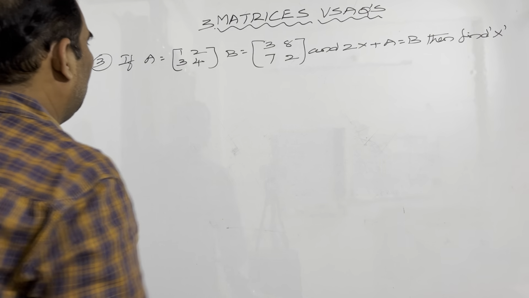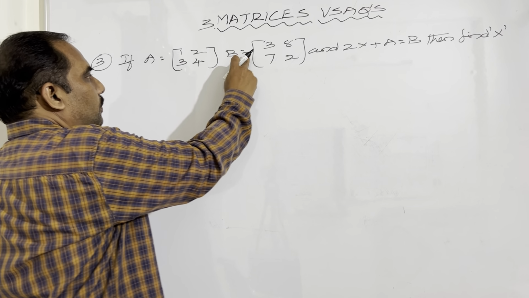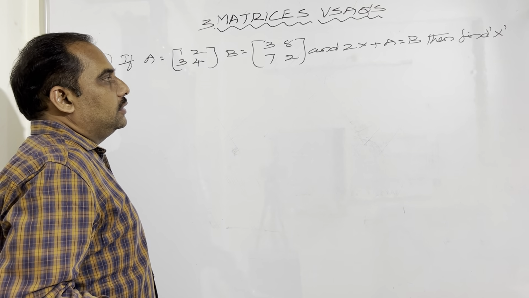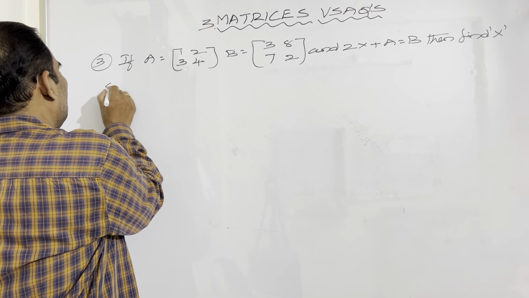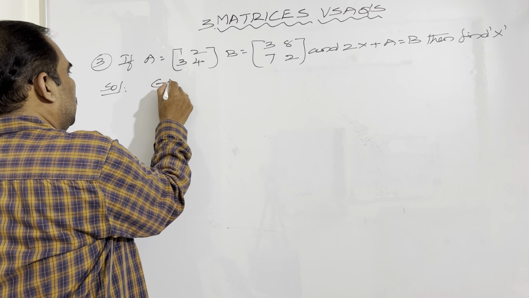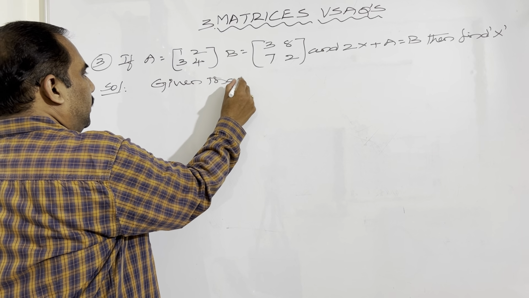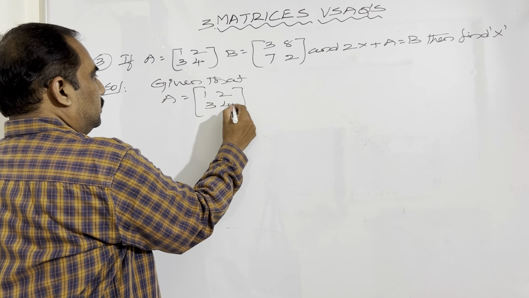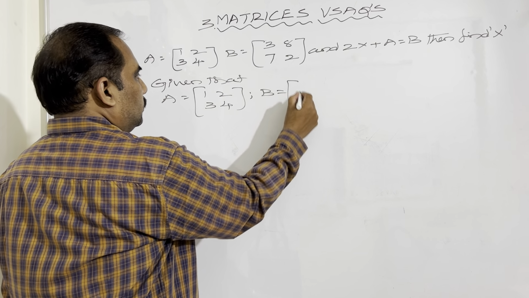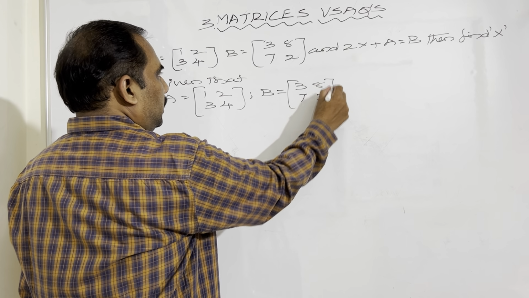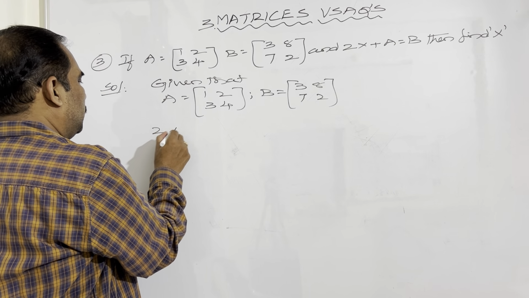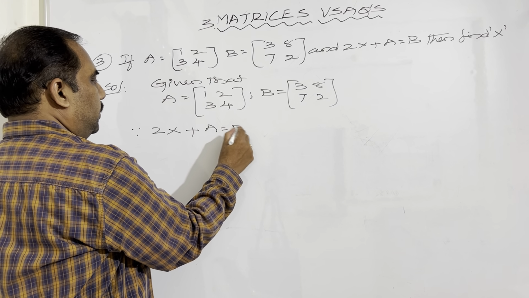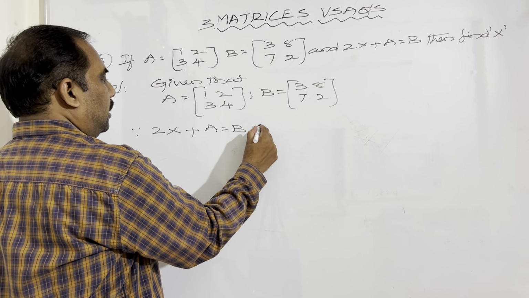The third question is: if A is equal to [1, 2; 3, 4] and B is equal to [3, 8; 7, 2], and the condition given is 2X plus A is equal to B, then find X. Since the condition is 2X plus A is equal to B, we have to find the X matrix.